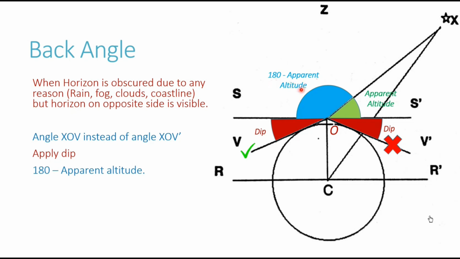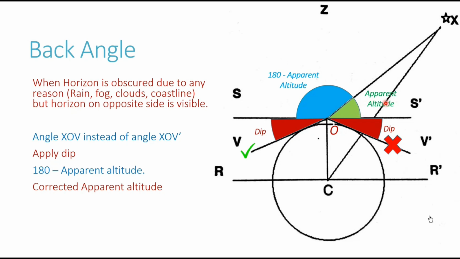We call this also as apparent altitude in the back angle calculation. Once you do 180 minus apparent altitude, you get the corrected apparent altitude. The green color angle is now called a corrected apparent altitude.